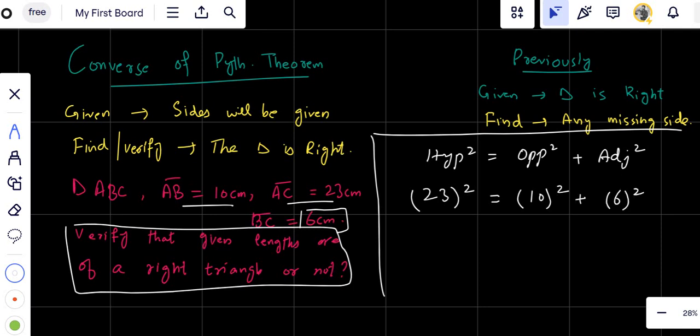What is 23 square? 529. 10 square is 100 and 6 square is 36.